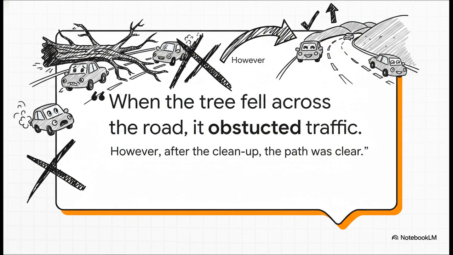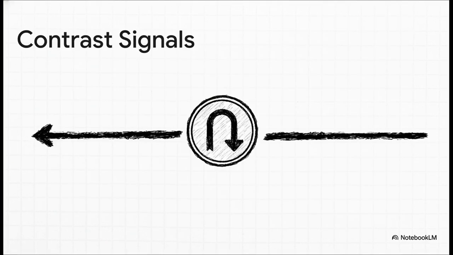So if it wasn't clear, what was it? It must have been blocked. So obstructed means blocked. See how that works? So yeah, words like unlike, but, however, and on the other hand are your big clues here. When you see one of these, it's like a little warning sign for your brain to get ready for an opposite idea. And that opposition is often the key that unlocks the whole thing.